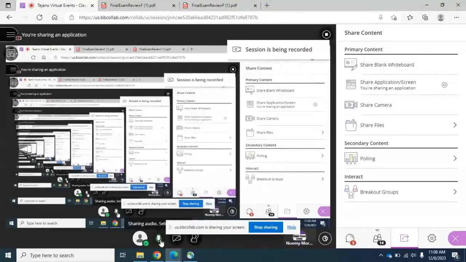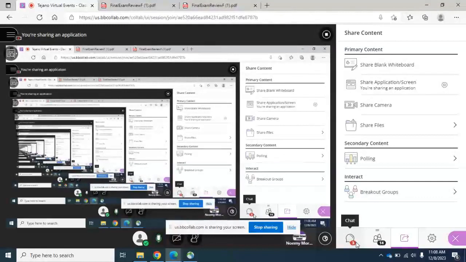Let me see here. Can everybody see my screen, but cannot see the file? Yes. Okay. Can you see my file though?